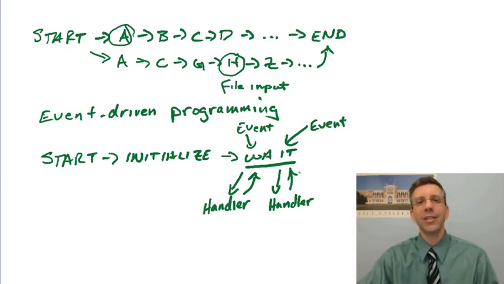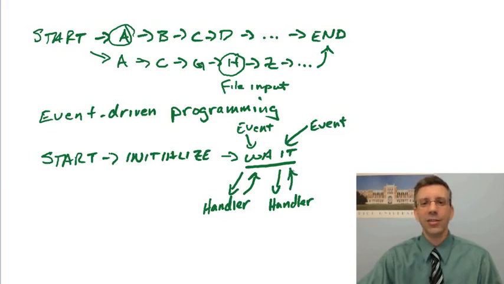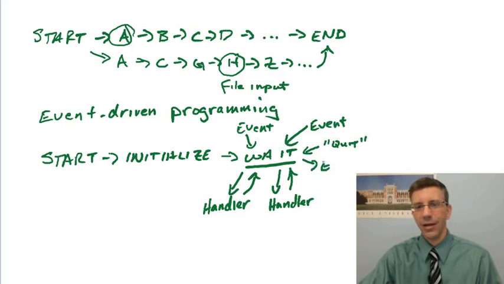When that's done, I go back to waiting. So most of the time, my program is just sitting there waiting. It's not doing anything. But whenever an event occurs, it immediately goes off, runs a handler, and executes the code in response. Eventually, to end my program, I get some sort of event that corresponds to quit, which basically says you're done. And then the program ends at that point.